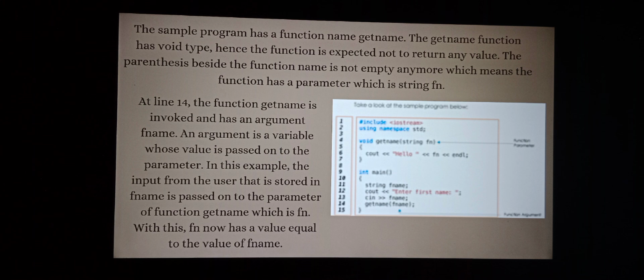An argument is a variable whose value is passed on to the parameter. In this example, the input from the user that is stored in fname is passed on to the parameter of function gateName, which is fn. With this, fn is now equal to the value of fname.